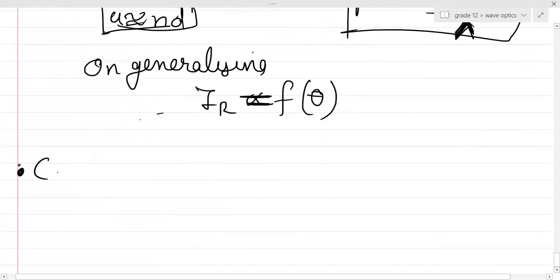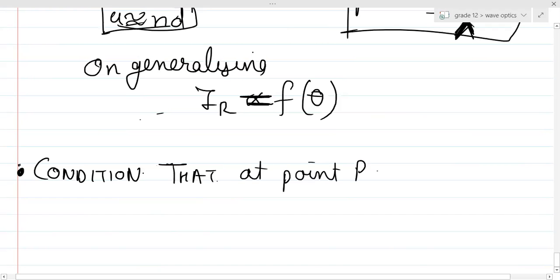Now conditions that at point P we get first minima.